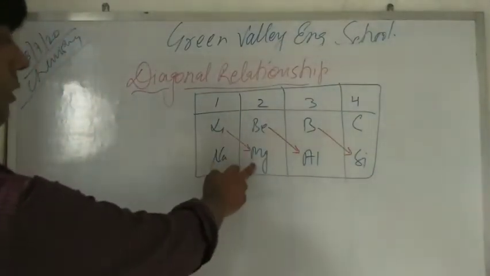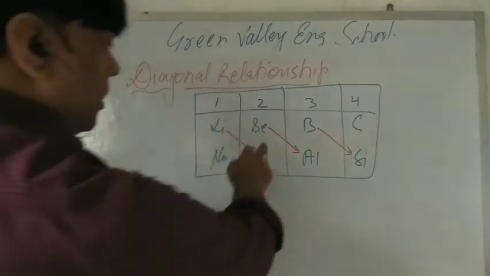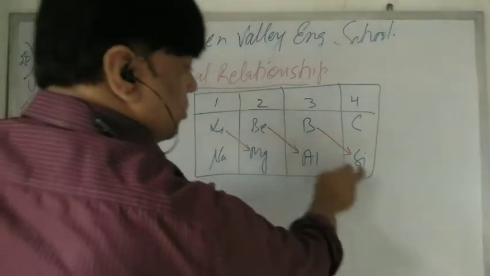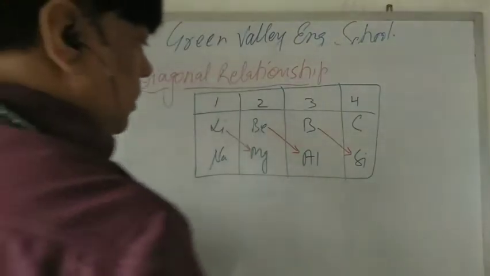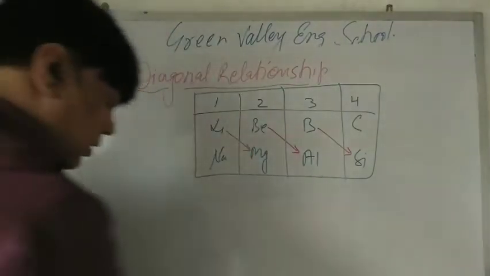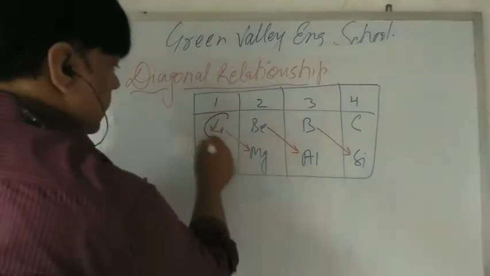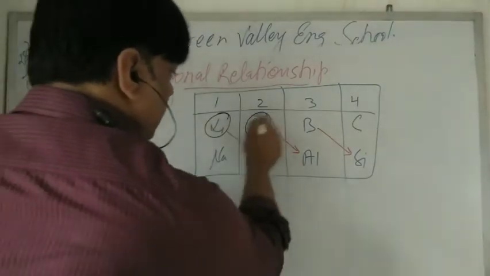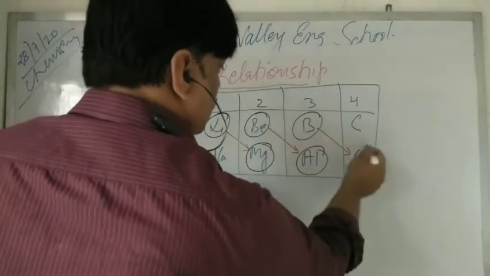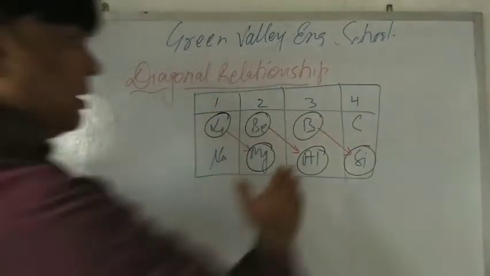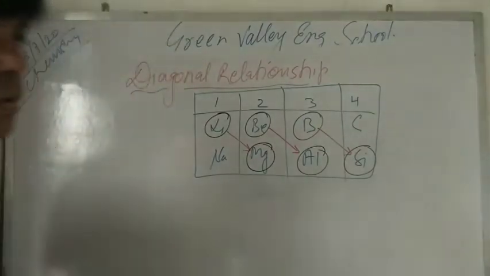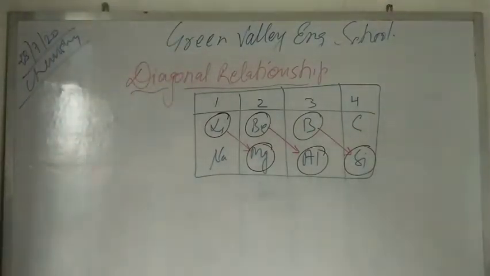Lithium shows behavior like magnesium, beryllium like aluminium and boron like silicon. Okay? So there is similarity between these. And silicon is another group element. So this type of property is called diagonal relationship.